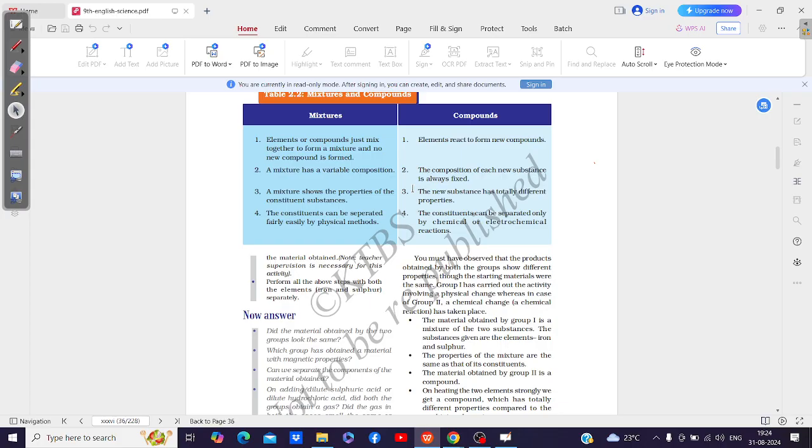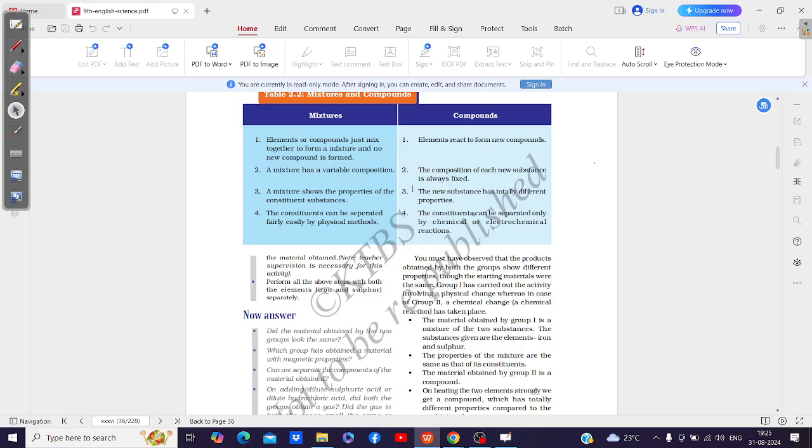What have you understood from this point? Sir, elements and compounds will mix together, and there is no new substance formed. Okay, so no new compound is formed when we mix elements and compounds.